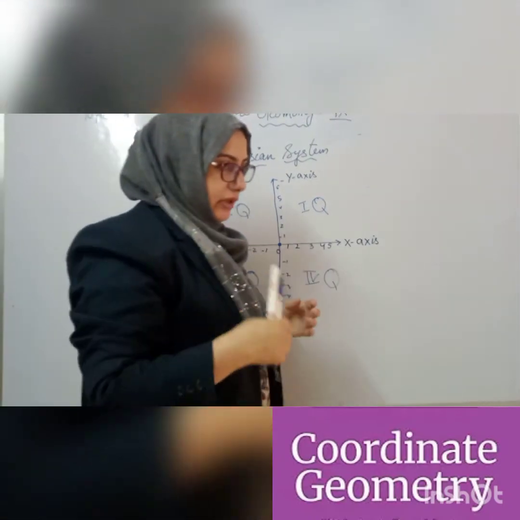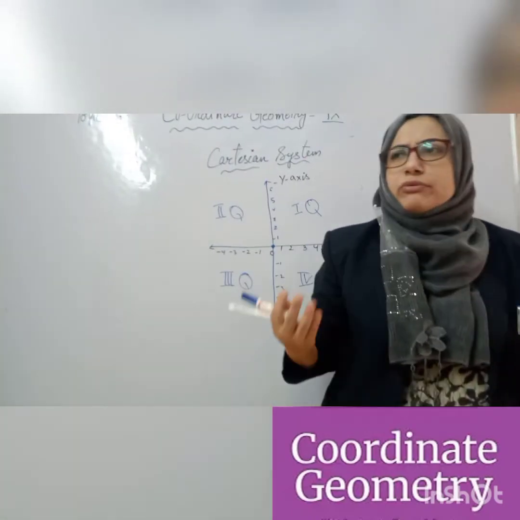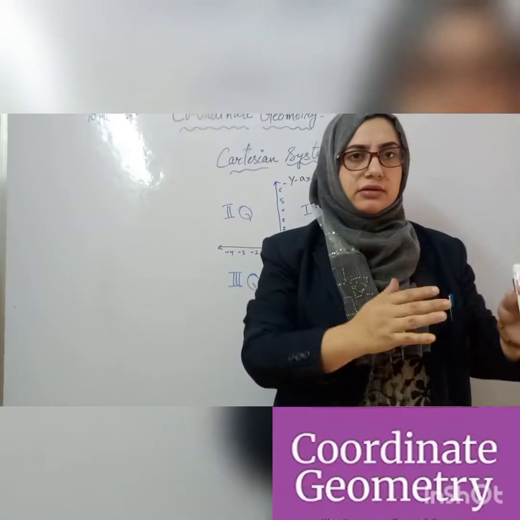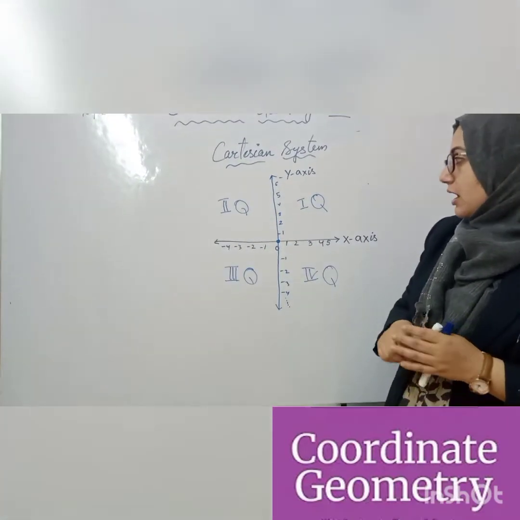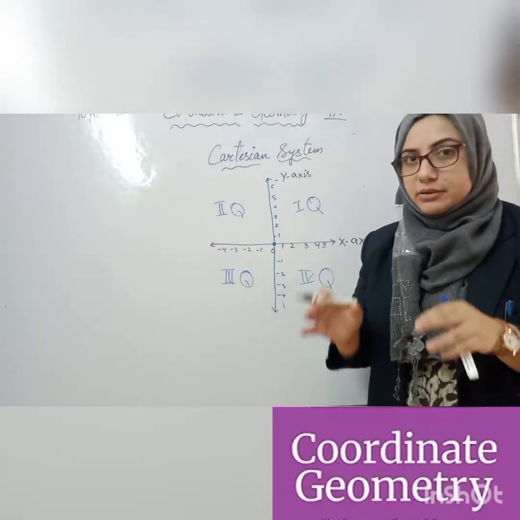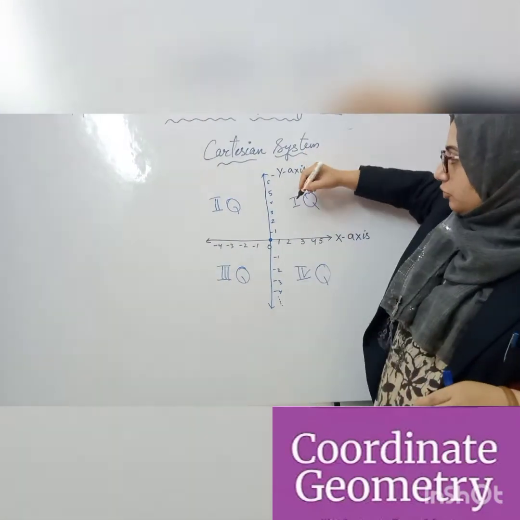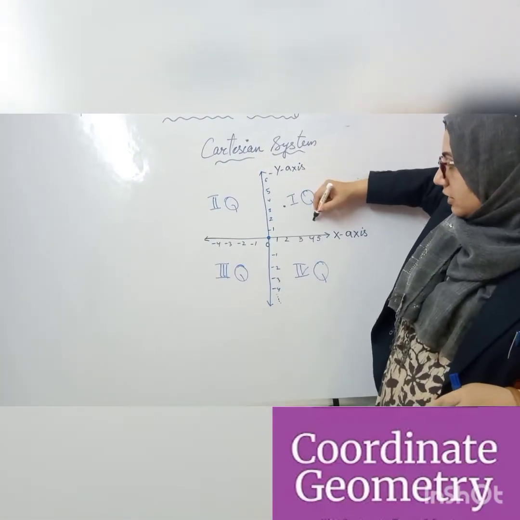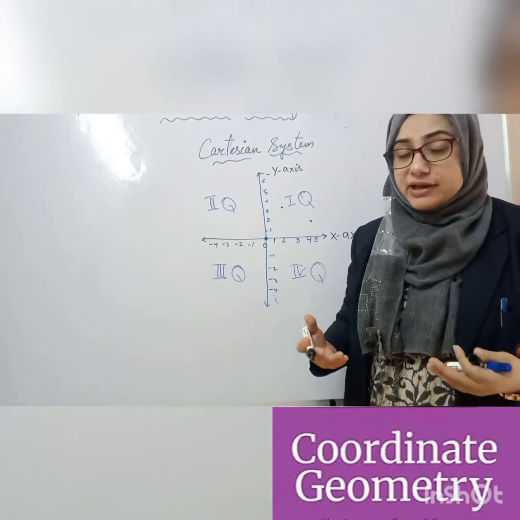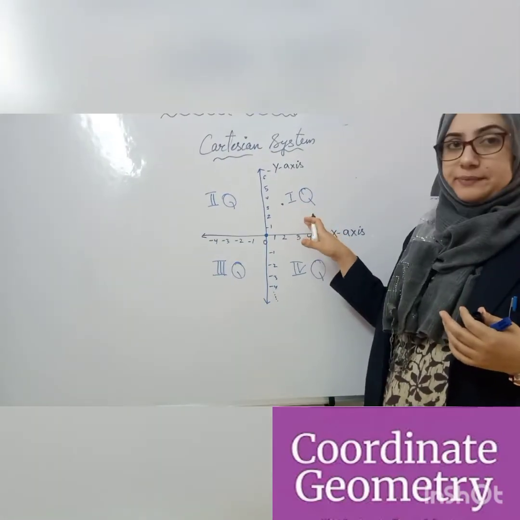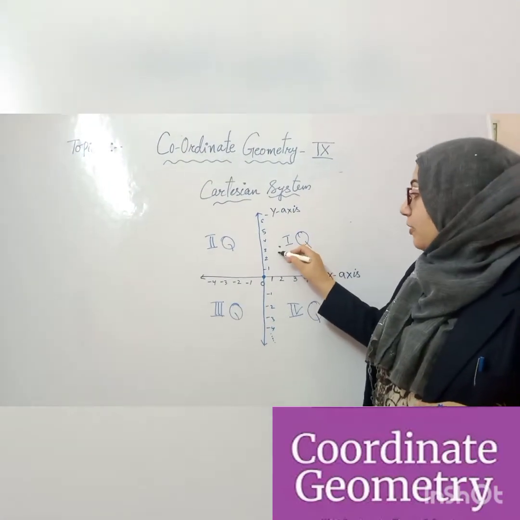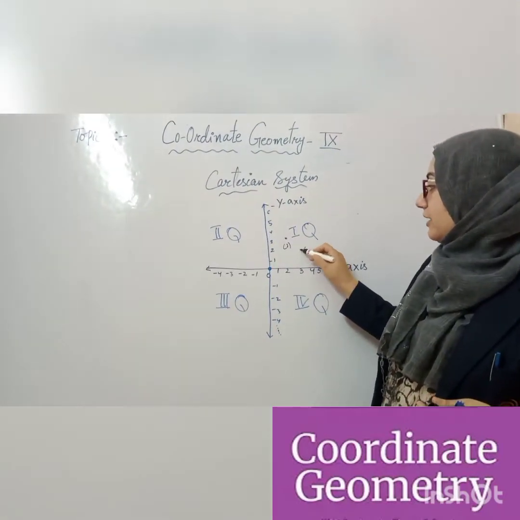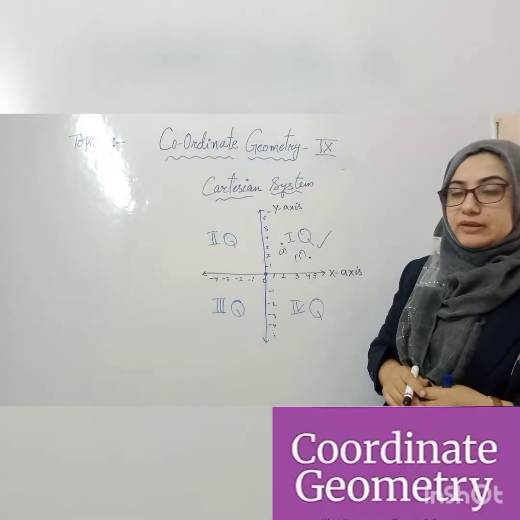Now, you'll be thinking, why do we call them first, second, third and fourth quadrant? There's a reason. For example, if you plot some numbers, suppose 2 points are here, you have to specify where those 2 points lie. So if they are in this region, suppose 2, 5, they are in the first quadrant.